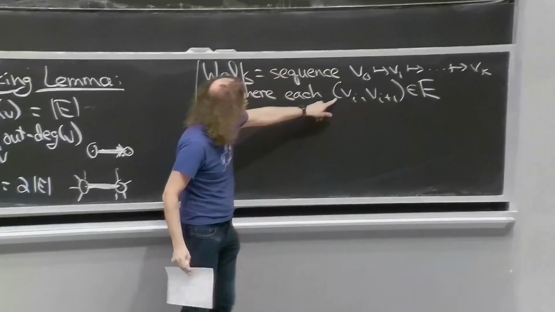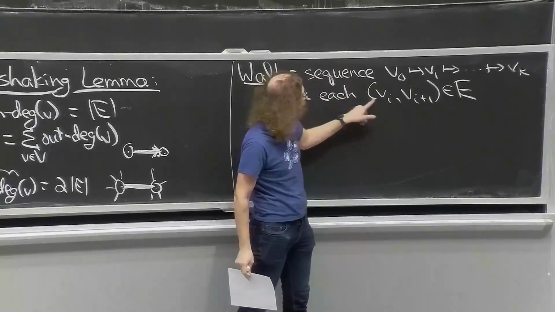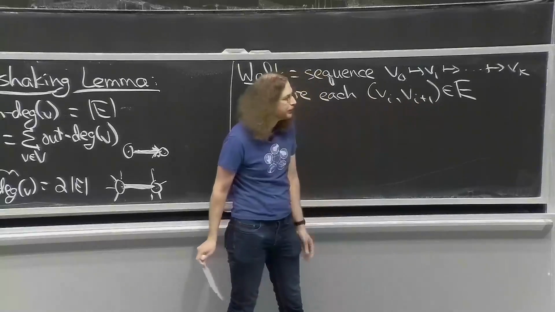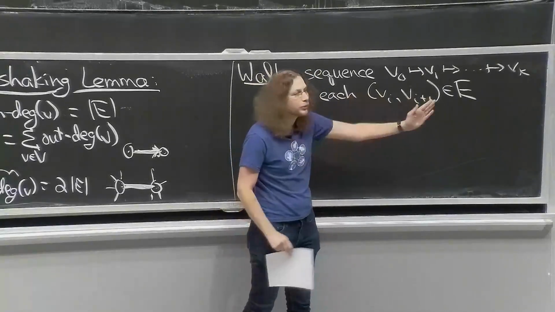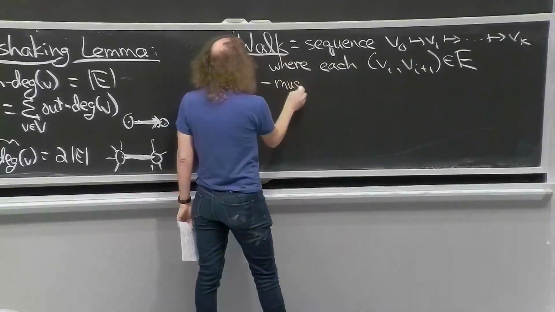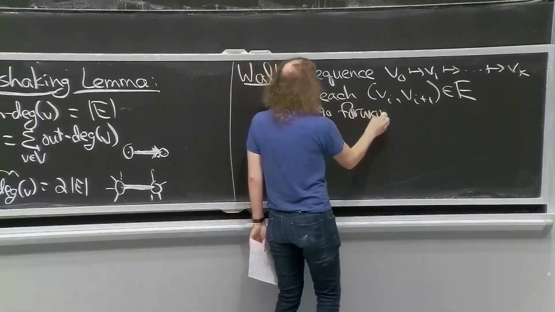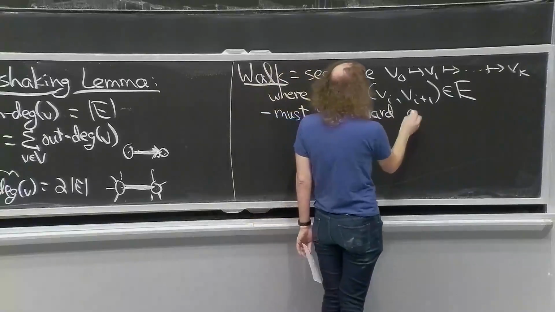But before we had curly braces here saying the order didn't matter because edges were undirected. Now we have parentheses saying this is an ordered pair. You have to go forward along each edge. So that's a crucial distinction. Must go forward along the edge. In other words, you have to respect the arrows.